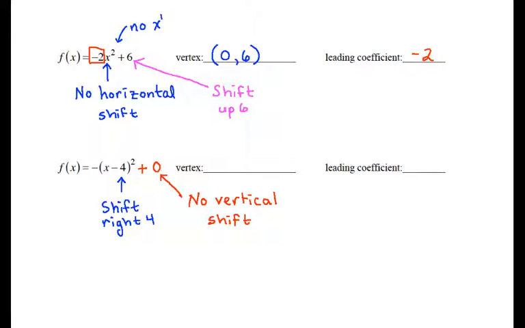Therefore, my vertex is at (4, 0). And my leading coefficient is the number multiplied at the front here, multiplied by the squared expression. That's going to be a -1.